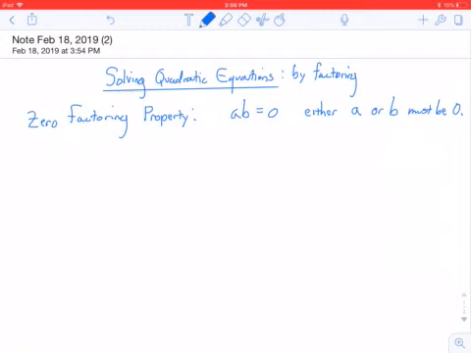In order for two numbers multiplied together to be 0, one of those numbers has to be 0. That's the only way you can multiply to get 0. That is a very simple yet very important property which will allow us to solve quadratic equations.